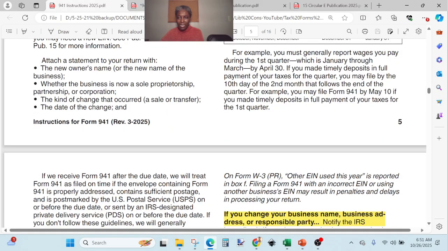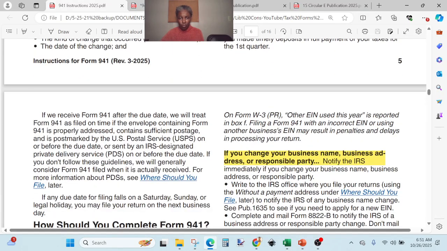There could be instances where you file late and IRS receives it late, and they may not check the postmark. It says: if we receive the form after the due date, we will treat this file as on time if the envelope containing the form is properly addressed, contains sufficient postage, and is postmarked by the USPS on or before the due date.